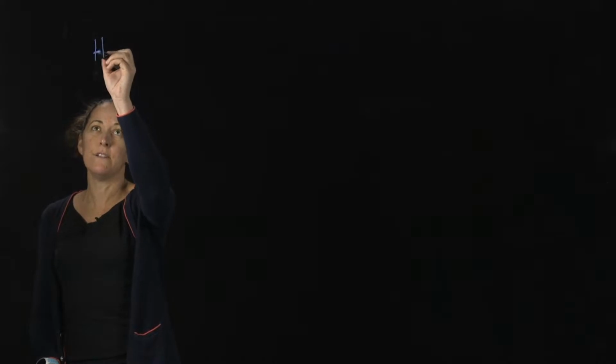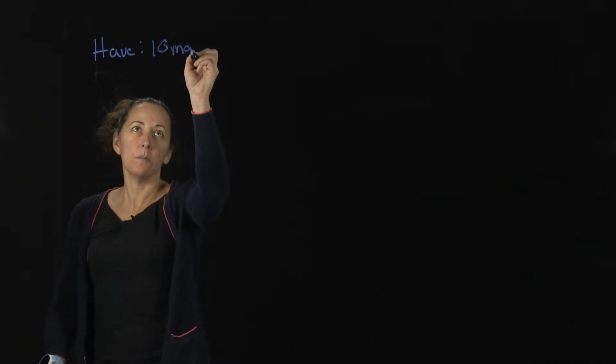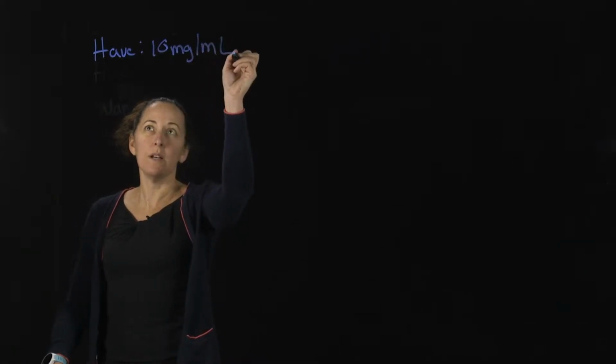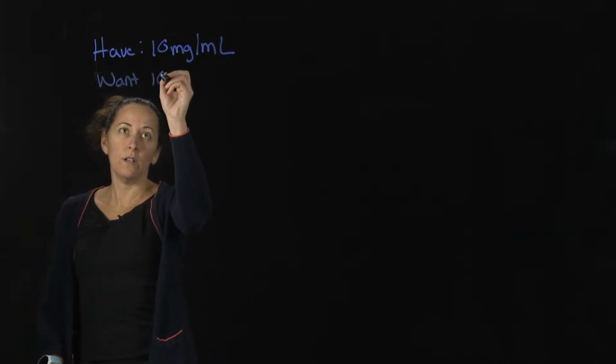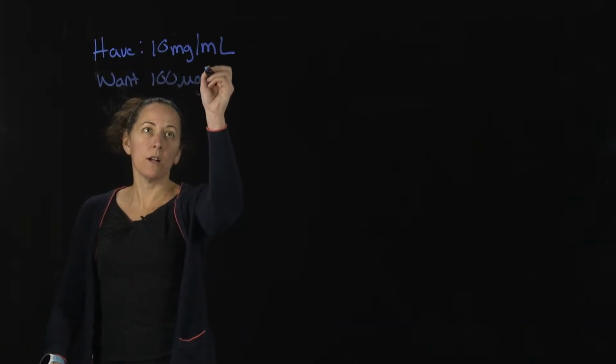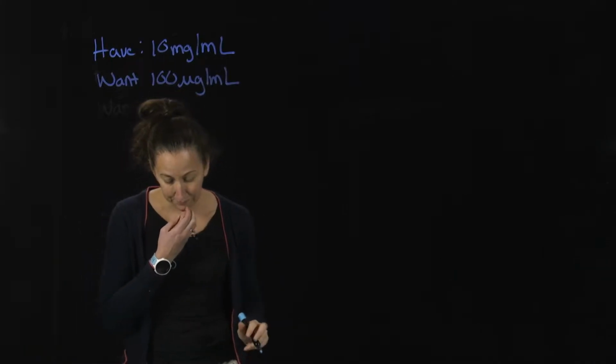So we consider this to be a low dilution factor dilution. Okay, so back to what we have. So we have our 10 milligrams per mil, and we want 100 micrograms per mil. So how do we figure out this concentration?